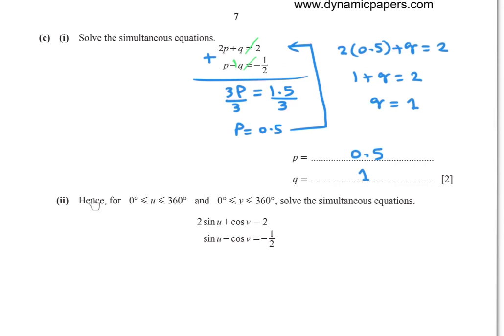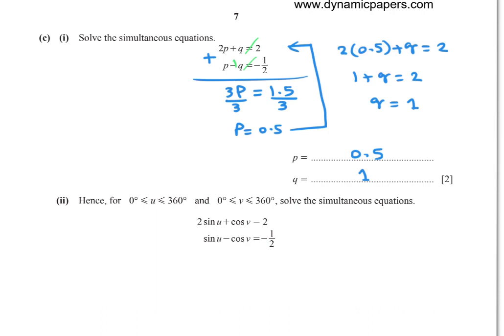This means you have to use the previous answers to answer this question. For u more than or equal to 0 and less than 360, and v more than or equal to 0 and less than 360, solve these equations: 2 sine u plus cosine v equals 2, and sine u minus cosine v equals negative half. Find u and v.